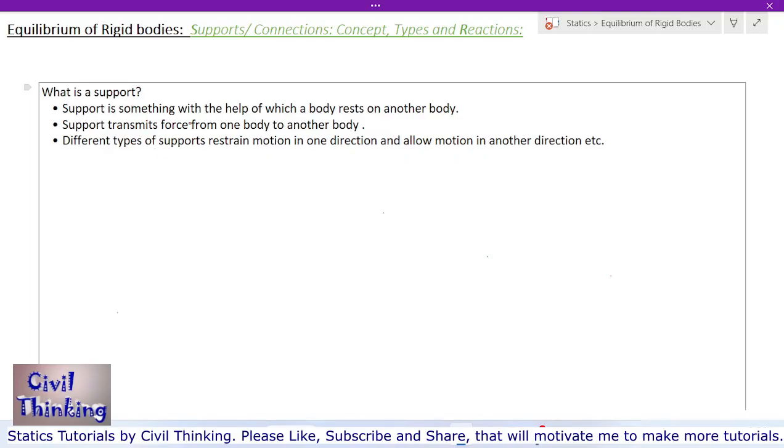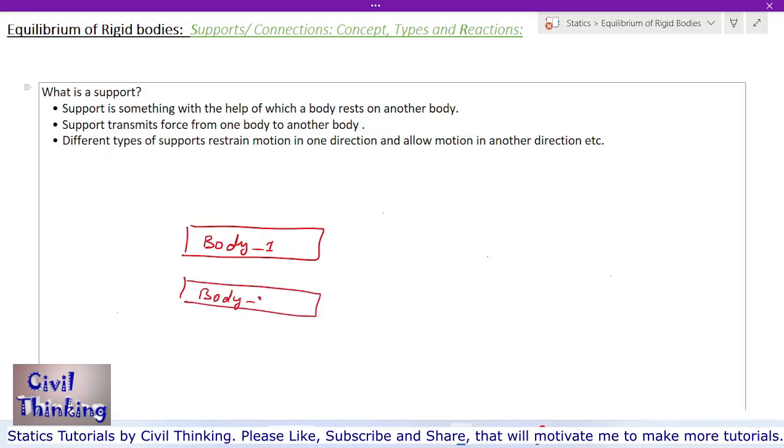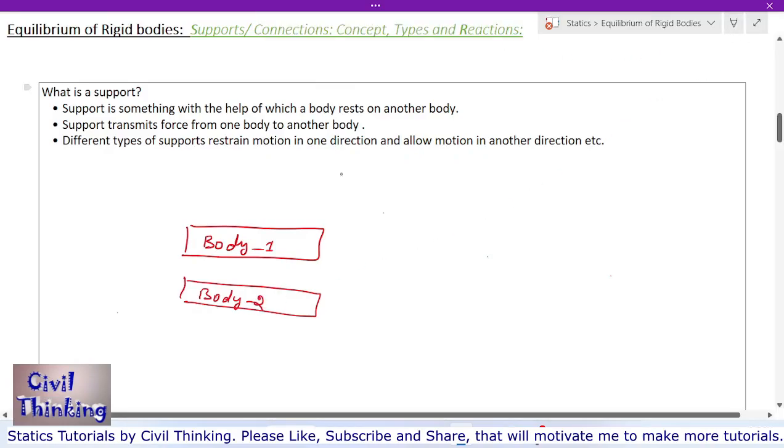Now support is something with the help of which a body rests on another body. For example, you have two bodies here. This is body 1, and there is another body 2. Now let us say there is something like this here, and something like this here.